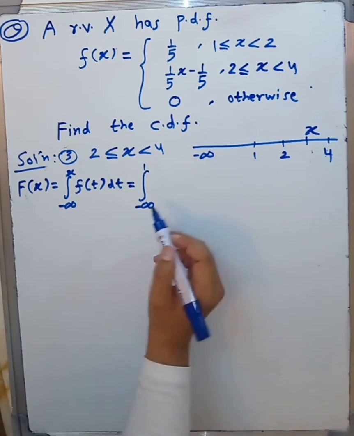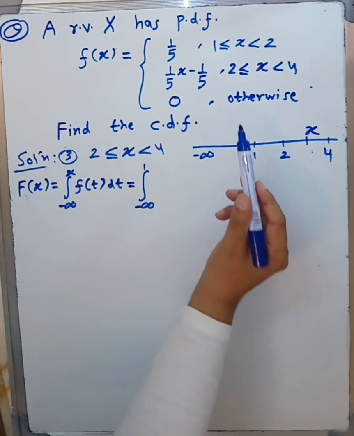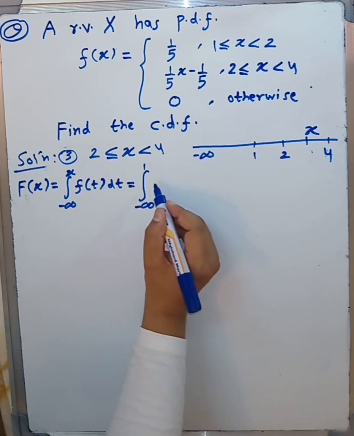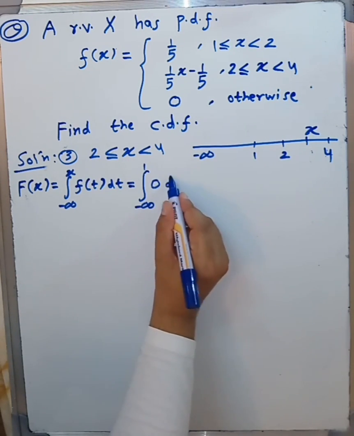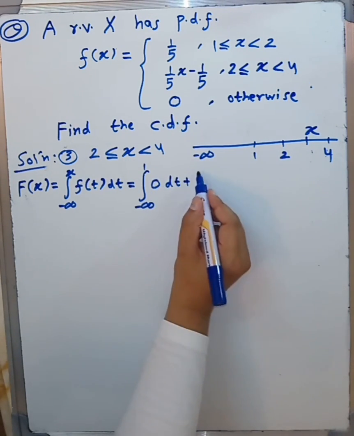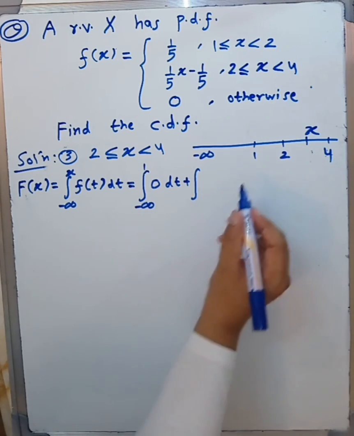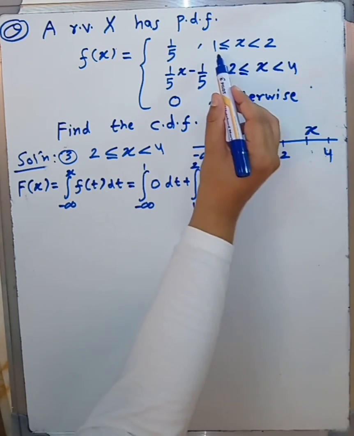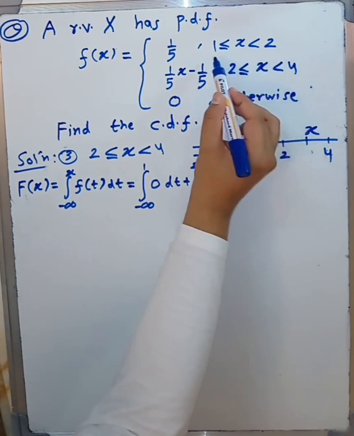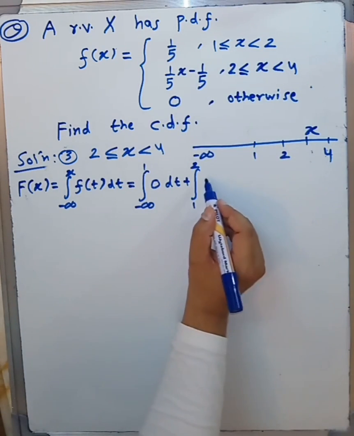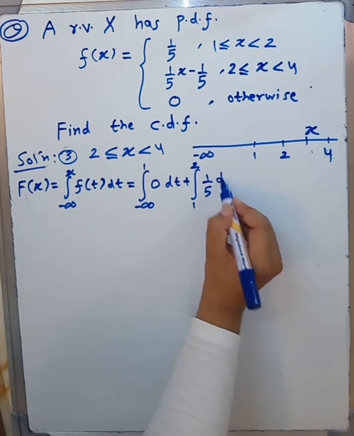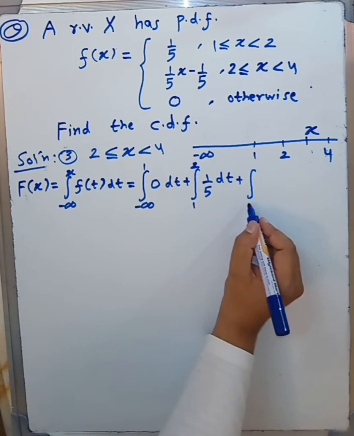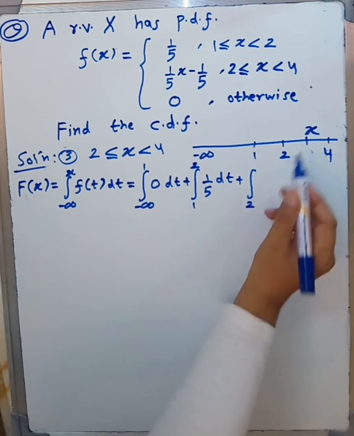In this case, the value of the PDF will be 0, plus second integral from 1 to 2. In this case, the value of the PDF will be 1 by 5, plus the third integral from 2 till x.